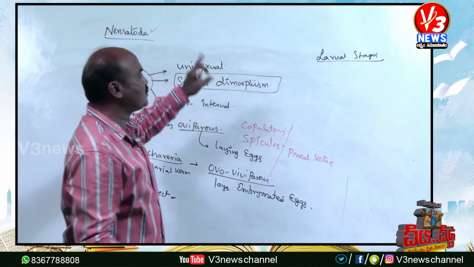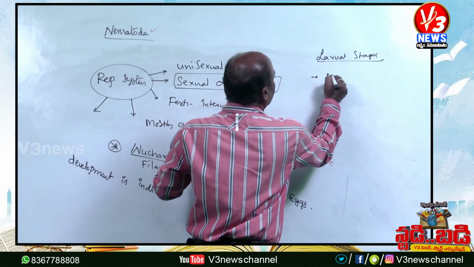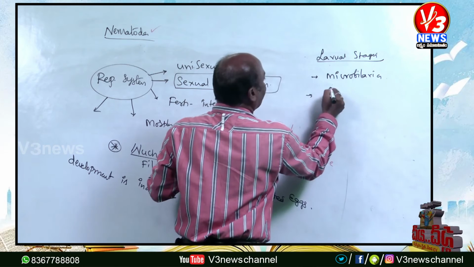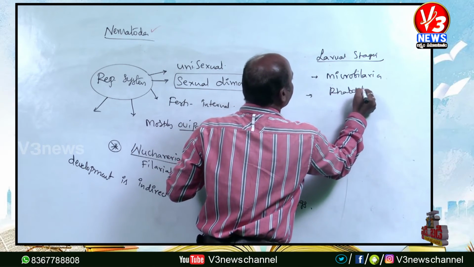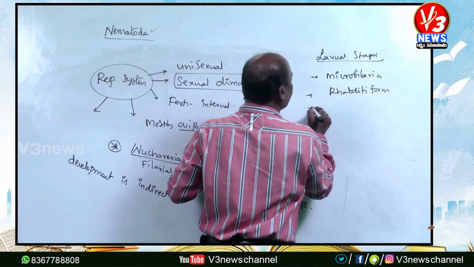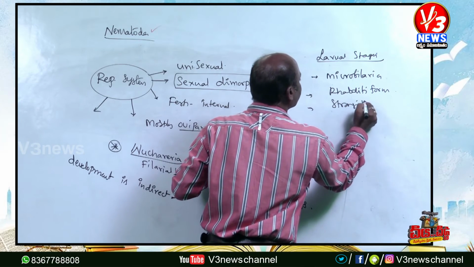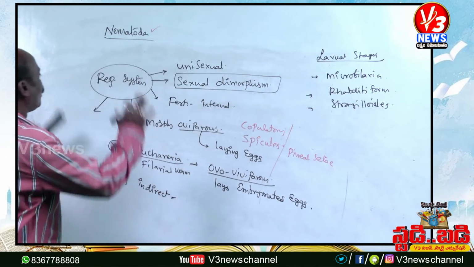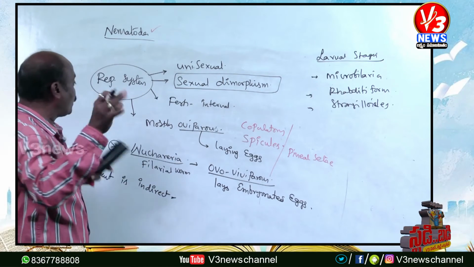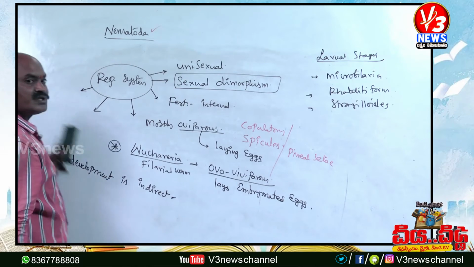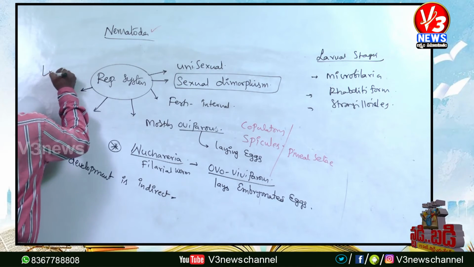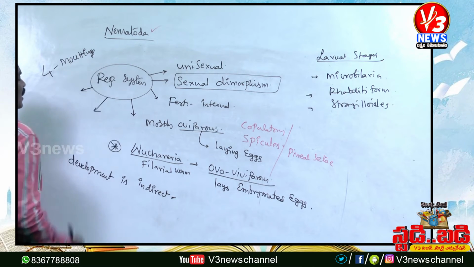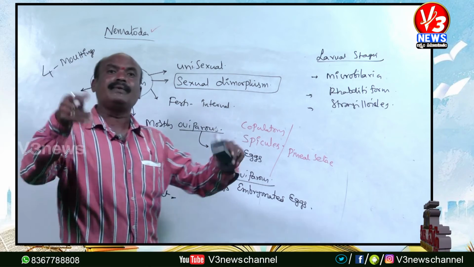Whereas in roundworms, the larval stages are microfilaria and rhabditiform larva, and strongyloid larva, etc. But one most important point: in their life history there are 4 moultings, developmental stages.